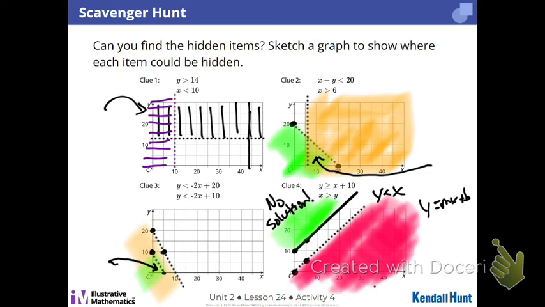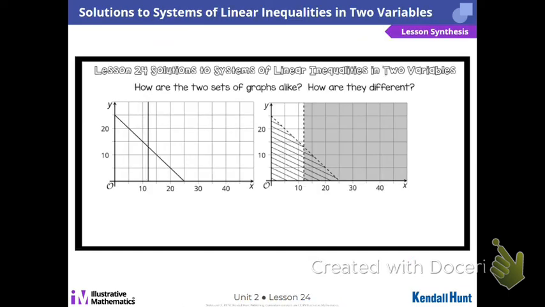Okay, so let's talk real quick. What's the difference between a system of lines and a system of inequalities? A system of inequalities. Ellie. You can find what points work for a system of inequalities. Yeah, so there's a bunch of points that are in a region, right? All these. And if you had the system, which one does it work in?